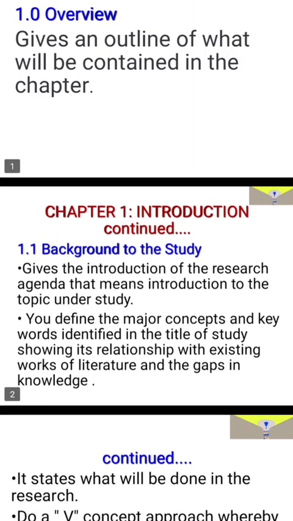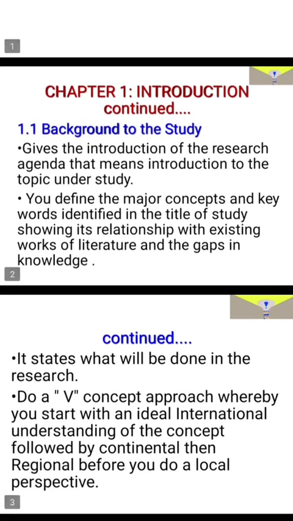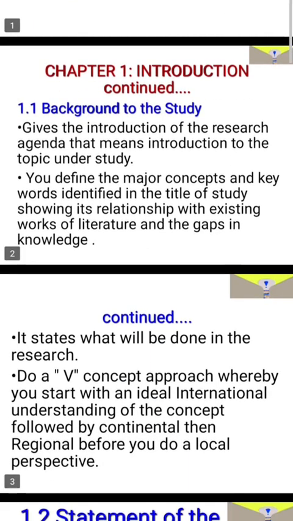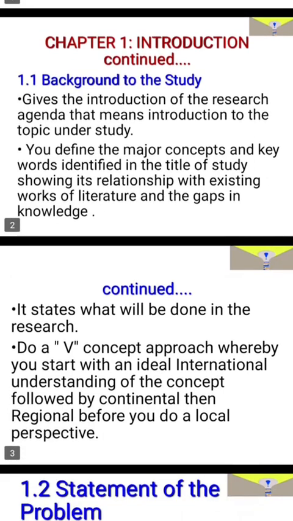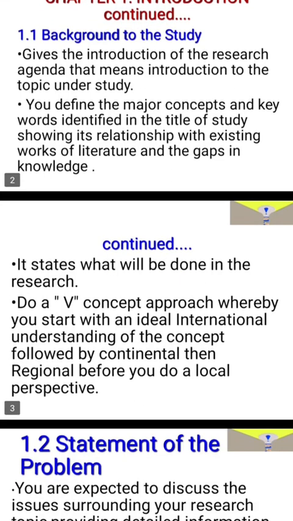Then we have 1.1, that is the background to the study. This one actually gives the introduction of the research agenda that you are going to investigate. So you define the major concepts and the keywords identified in the title of the study, showing its relationship with the existing works of literature and the gaps in the knowledge.